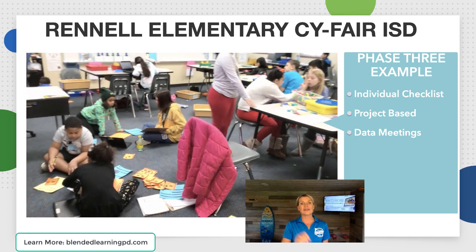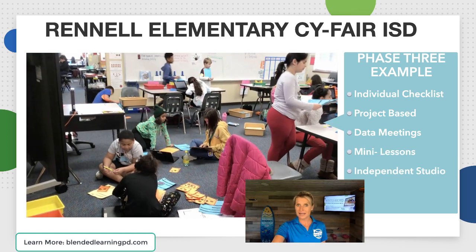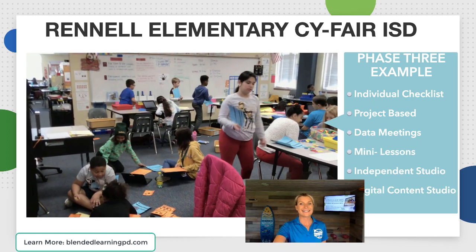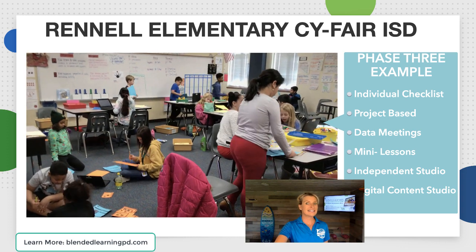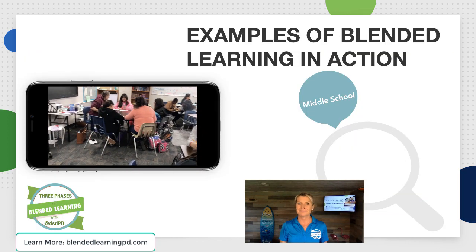That data then allows the students to have customized checklists based on what they need to learn. There are still mini lessons, still independent practice, and of course the kids are still doing hands-on projects. So in one school year, we took a traditional fourth grade math classroom and transformed it into a personalized learning environment for these students. And it's still doable no matter what situation we face. We just have to make sure that in phase one, we really take the time to train the students.